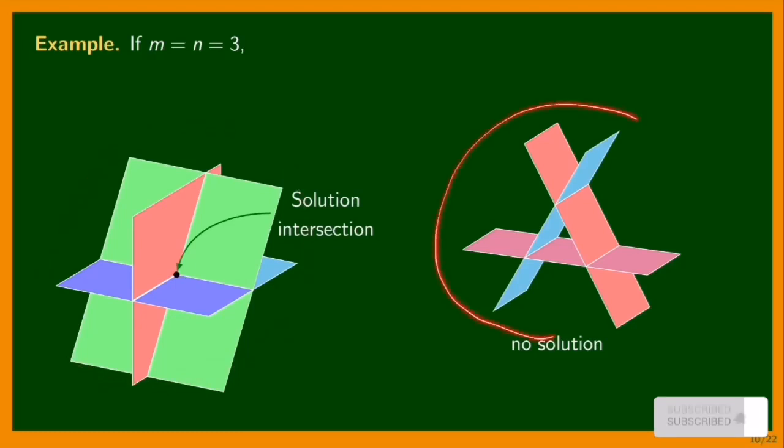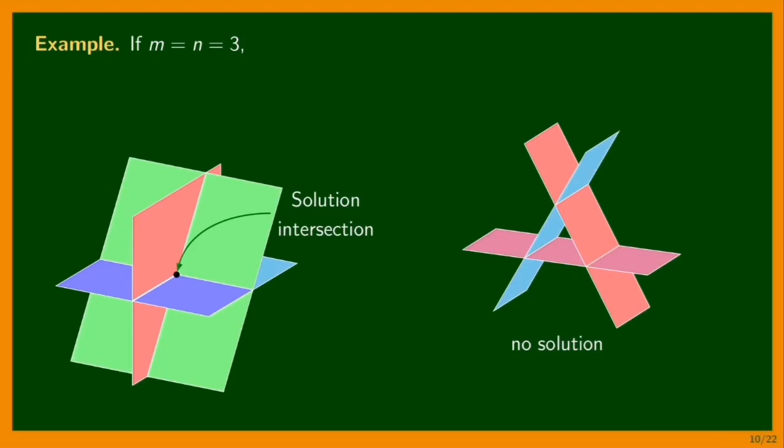In the case of the second figure, although the planes intersect pairwise, when you say pairwise, any two of them intersect. For example, these two intersect here. These two intersect here. These two intersect here. But remember, for a system to be considered solved, a solution must solve every equation.